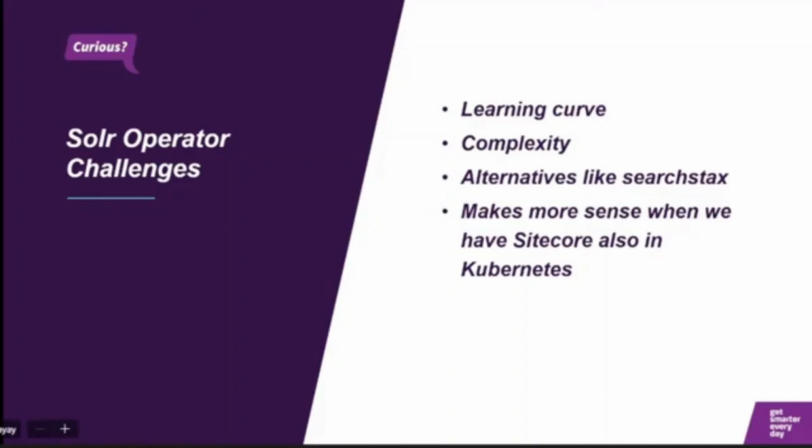And the biggest downside with Solr operator, which I feel, is if you do not have your Sitecore instance in Kubernetes, then just having Solr operator for the Solr or search part might not be a good match. If you have your Sitecore instance within Kubernetes, then it is a good marriage in a way. It's a good combination to have with Solr also in Kubernetes.